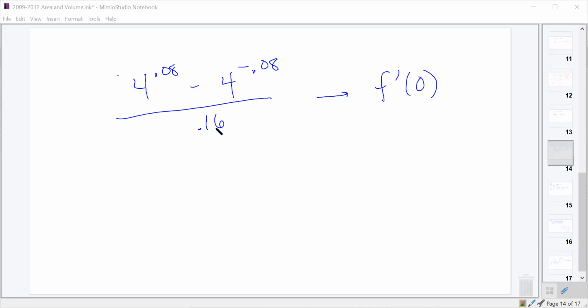Then you're seeing what that decimal approximation is and comparing it to the decimal approximation you get when you actually evaluate the derivative of 4 to the x at 0. Your calculator will do that for you. So you're just comparing these two values together.